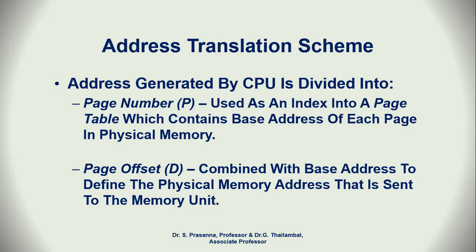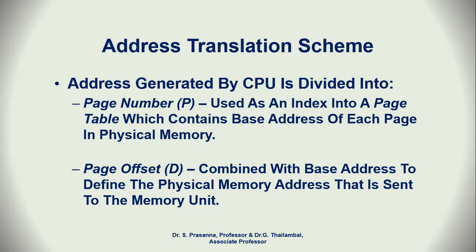Say, for example, you have a process which starts at the physical address 14,001 of the memory. So the base address is 14,001. You are storing 10 lines of that page from 14,001 until 14,010. So what is the base address of that particular program? It is 14,000. And what is page offset?